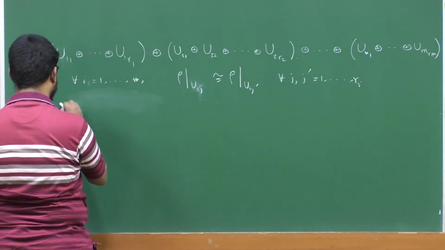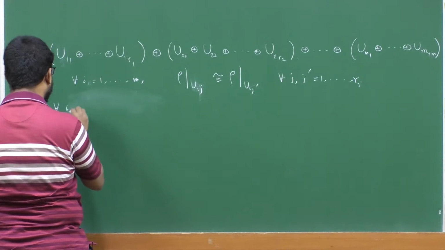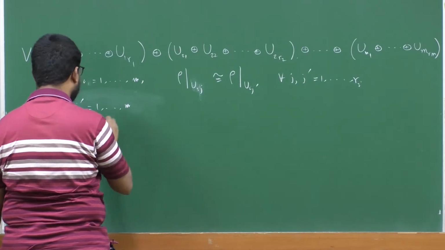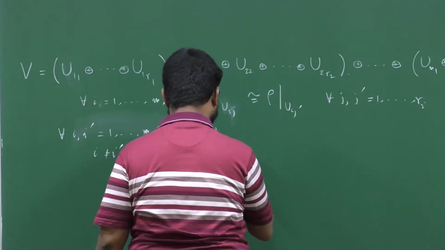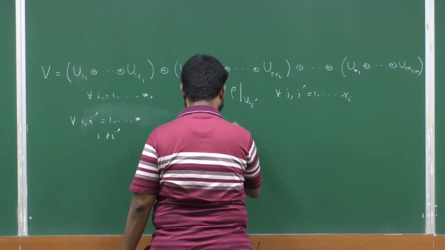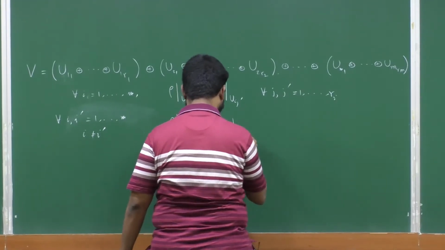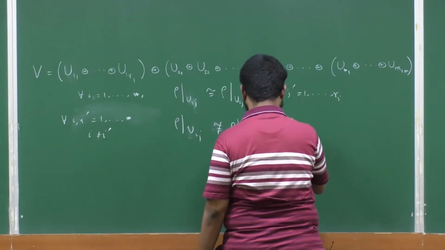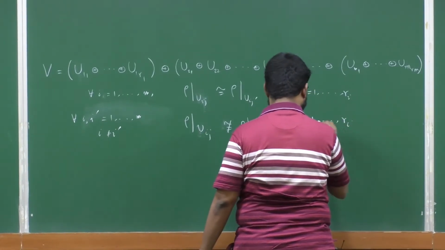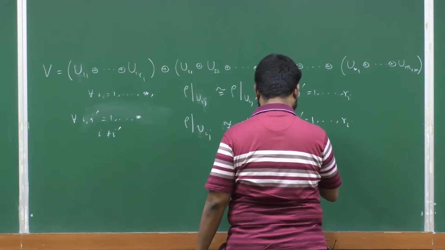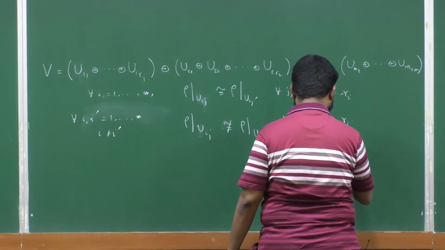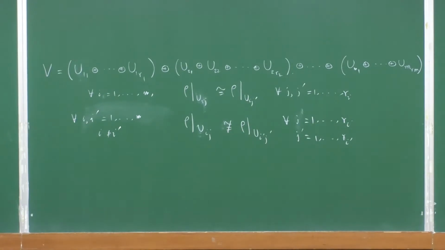So for all i and i' with i not equal to i', rho_U_ij is non-isomorphic to rho_U_i'j' for all j from 1 up to R_i and j' from 1 up to R_i'.